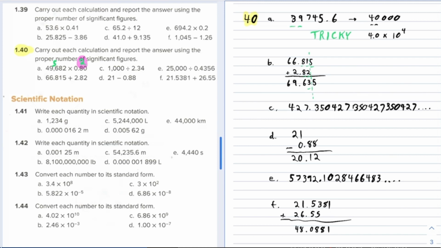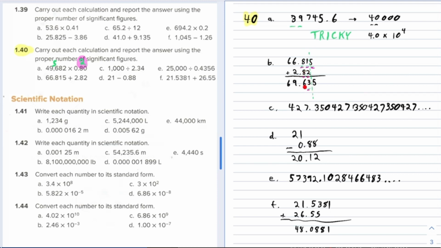Okay, so that's how you do the addition subtraction rule. The first one goes out to the 10th, 100th, 1,000th, but the second one only goes out to the 10th, 100th. So the answer is going to be limited to the 100th, and that's why I like to draw that vertical dotted line. So you line up the calculations with the decimal positions lined up, and then you draw the line, and then the answer will have the least number of decimal places.